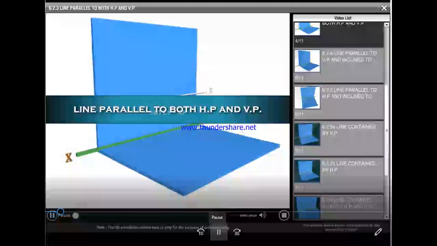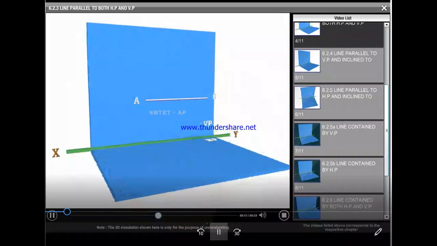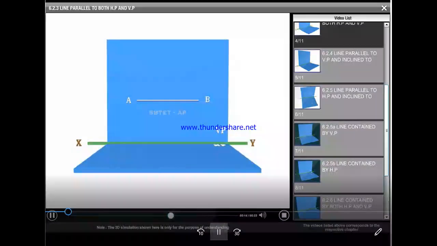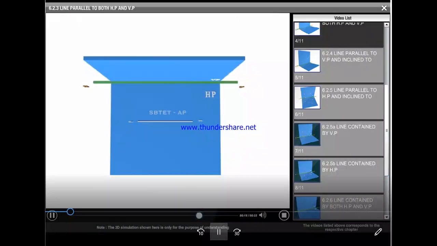Now all this we will observe in a line parallel to both HP and VP. In this we will see how the projections of a line will be when it is parallel to both HP and VP. Both front view and top view will be parallel to XY and both will show the true length of the line.